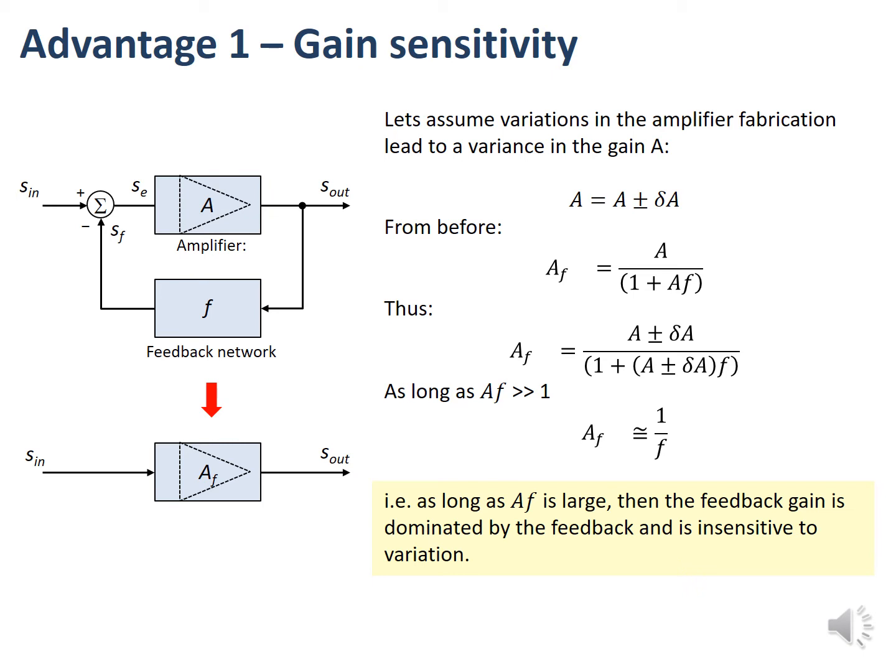What we see is that as long as that multiple of AF is greater than 1, the gain is still dominated by the feedback. What that means is that any small manufacturing changes in the amplification of the op-amp, due to the circuits being microscopically different, for example, is going to have absolutely no effect on the circuit. That's a very useful characteristic, because the errors in manufacture of a resistor are infinitesimally small.